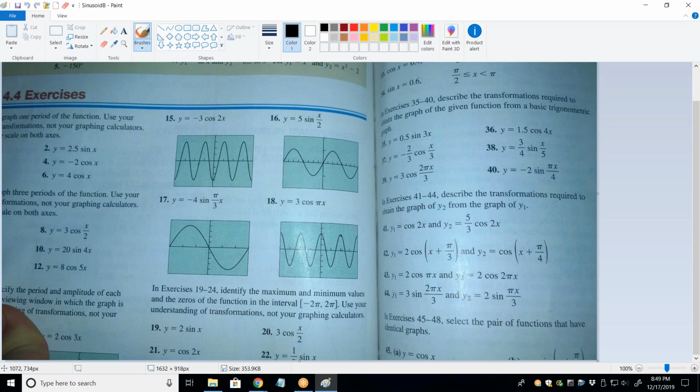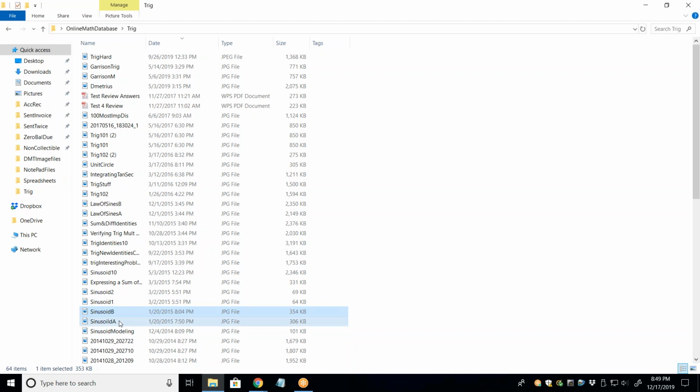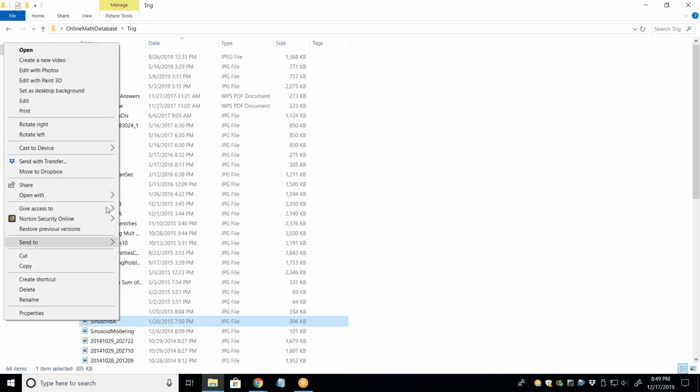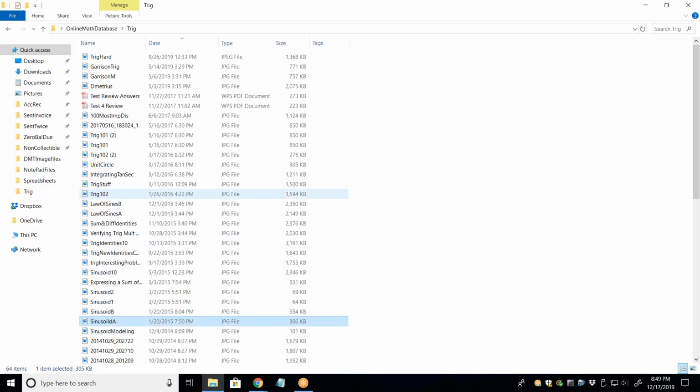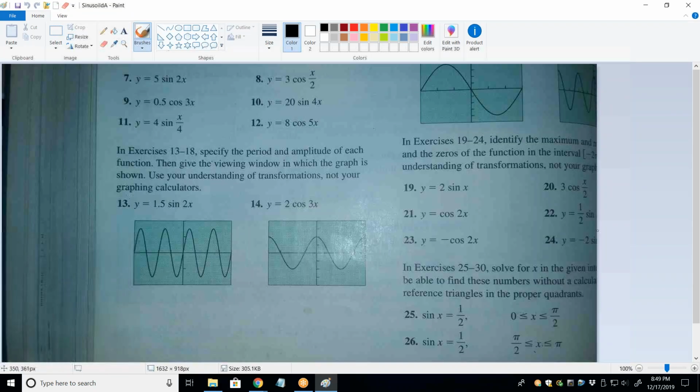So what could they possibly be asking us for? I don't know. On 15, 16, 17, and 18, what they're doing there. Let me open up a different one here. Same thing.